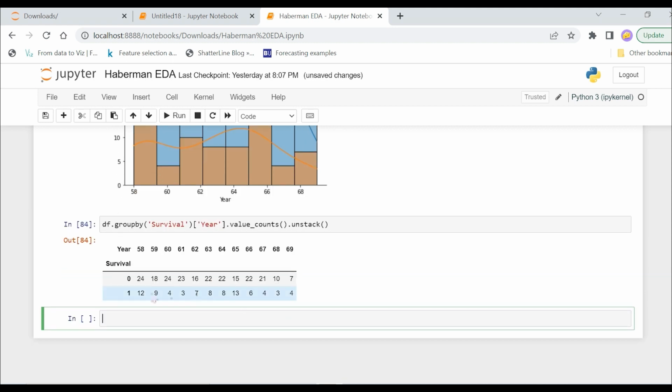Once you do this, you can see how many operations have been done. This is 12 out of 24, 50%. So if you see, the total is 36. 1/3 of people have died in this case. What is the percentage? This is 1/3. This is 50% of people, 59.